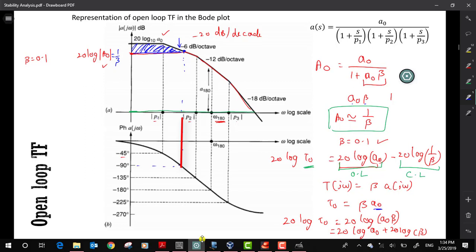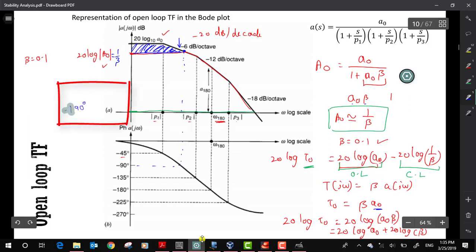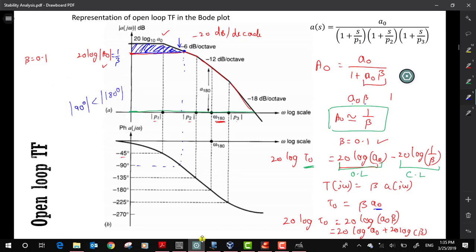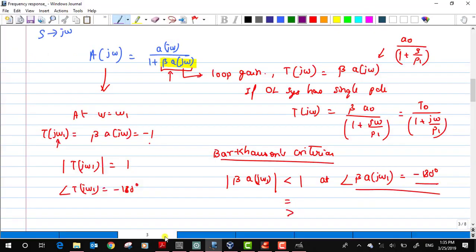In this case, the phase value of this particular loop gain is minus 90 degree, which is less than 180 degree in magnitude, which means that the loop will never become positive feedback. Is that clear? Does this make sense?